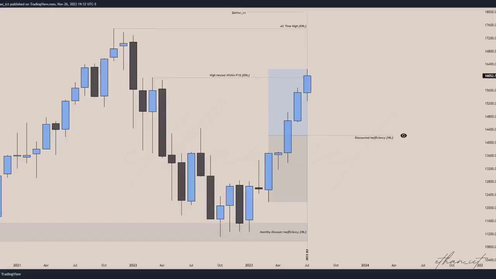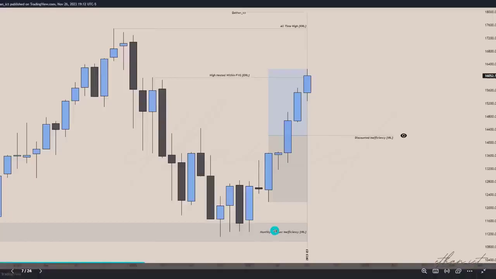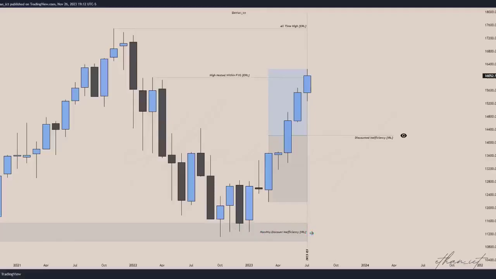The high is external range liquidity, and the discount fair value gap was the draw at the start of 2023 Q3. So this is the low of the monthly that I was looking at within this discounted inefficiency as internal range liquidity. And continuing a bullish trend, I'm looking at all-time highs up here as external range liquidity.